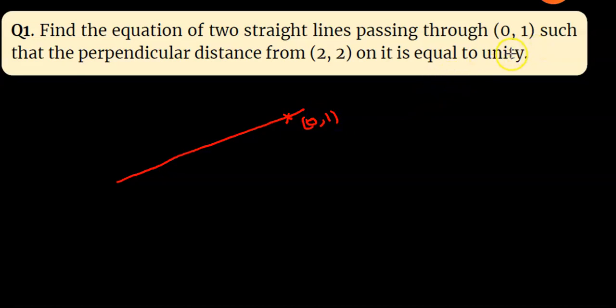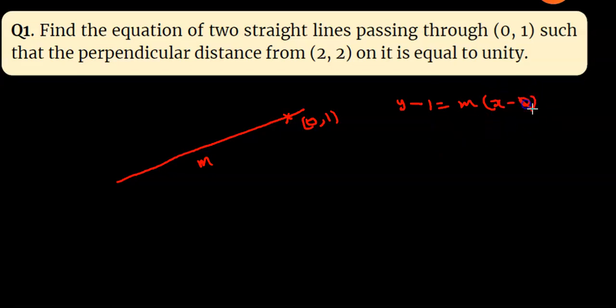For this line which is passing through the point (0, 1), let us take the slope as m. Then what can be the equation of the line? y minus y1, which is 1, is equal to m into x minus x1, which is x minus 0.